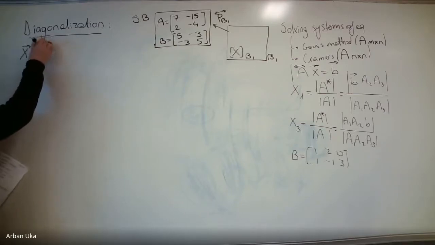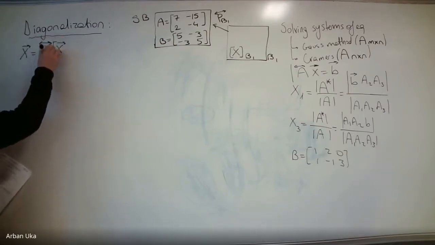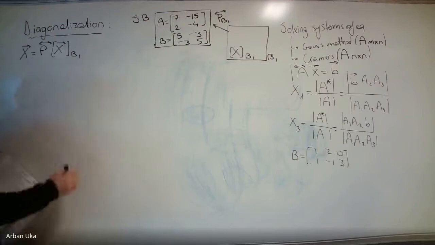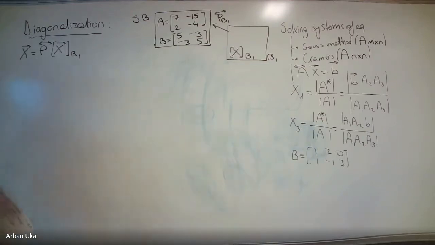We just do P times vector x according to basis B1. Okay, so this is how we transform a single vector.